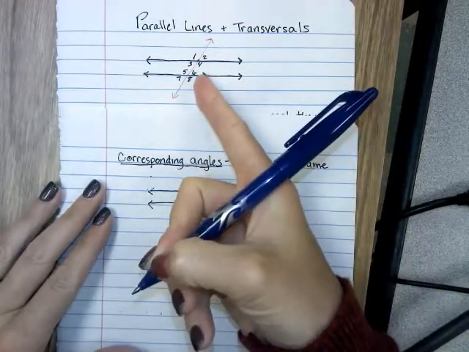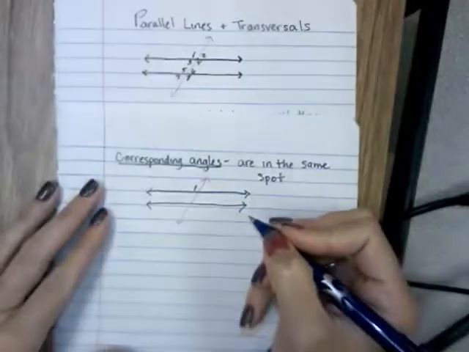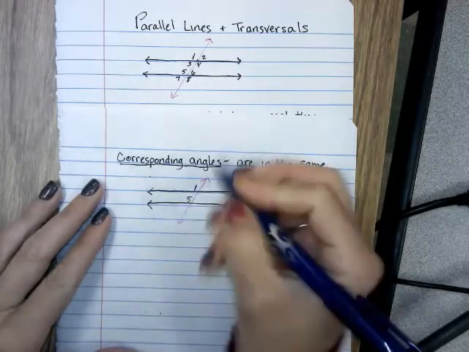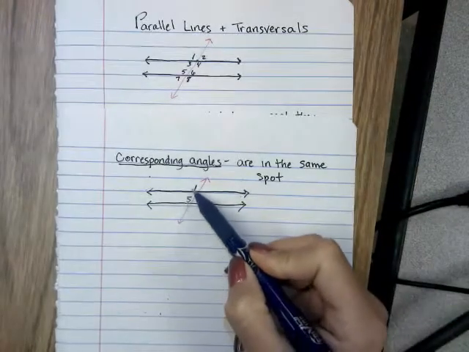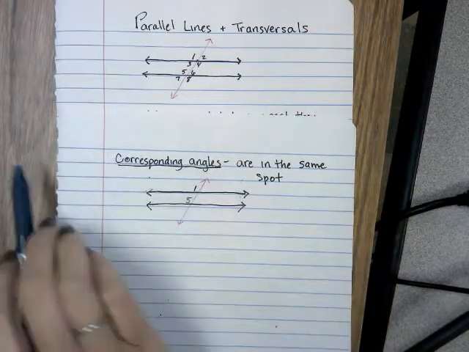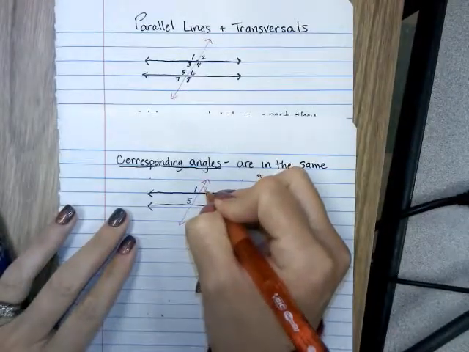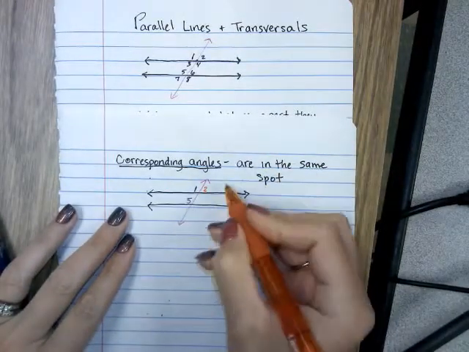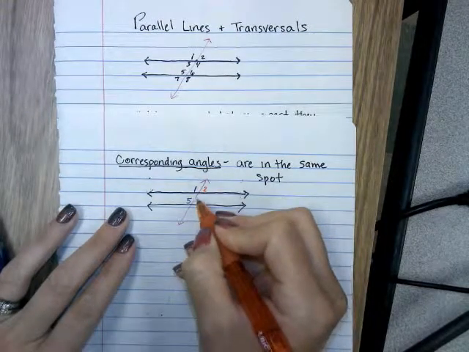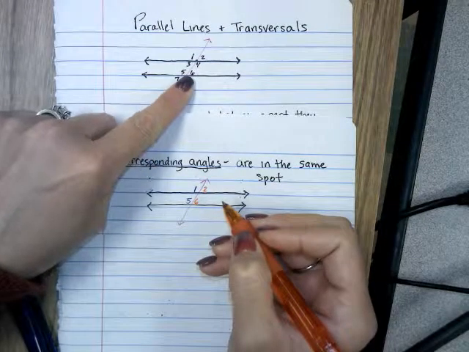If I use the numbers from this top diagram, angle 1 is in the same place as angle 5. It is on the top of the parallel line on the left-hand side of the transversal. Angle 2 is also on the top of that parallel line, but it's on the right-hand side of the transversal. Angle 6 in the diagram is in the same spot.